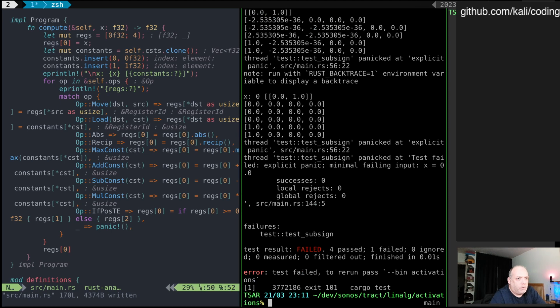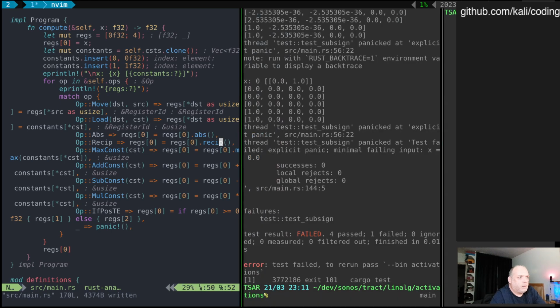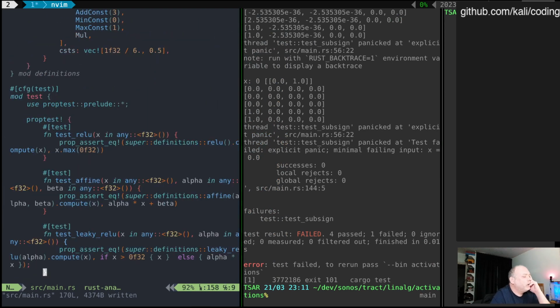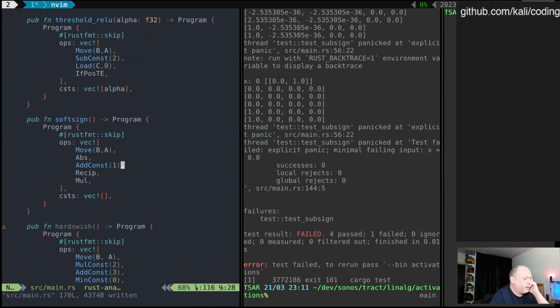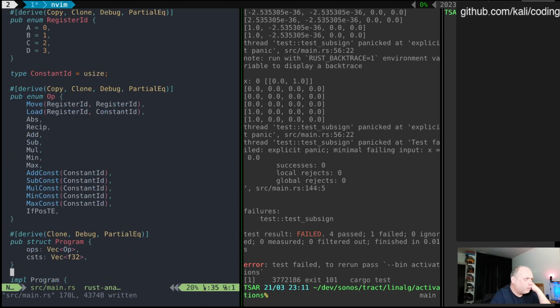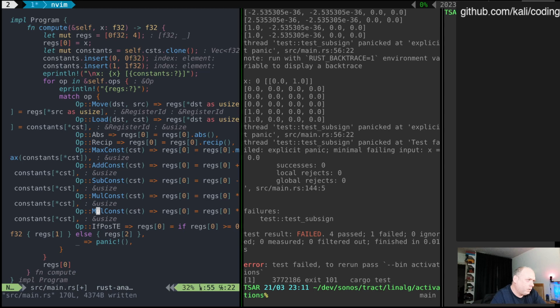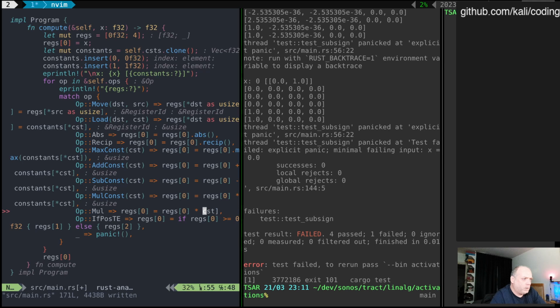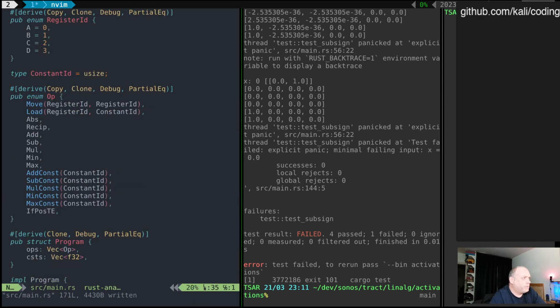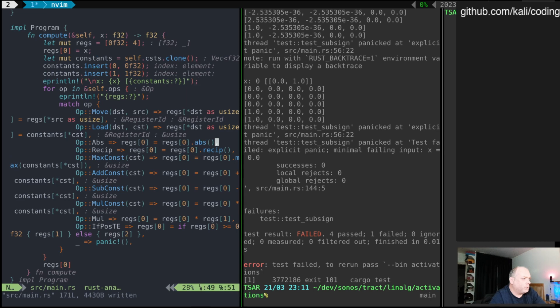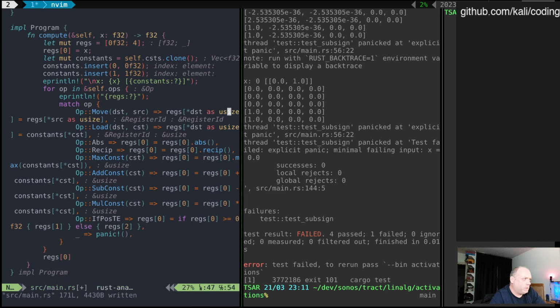Explicit panic. What am I missing? It's soft sign. We have move, done, abs done, add const, recip, and mul. Yep, we haven't done the mul, the binary mul like that. So that's regs of 0 times regs 1. And it comes before the mul const, in between here.